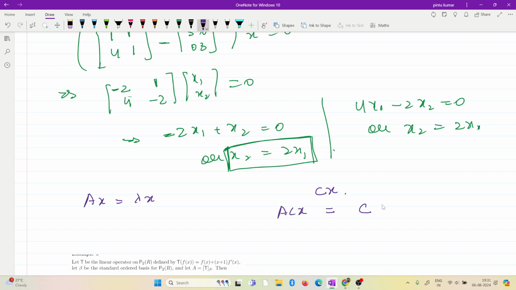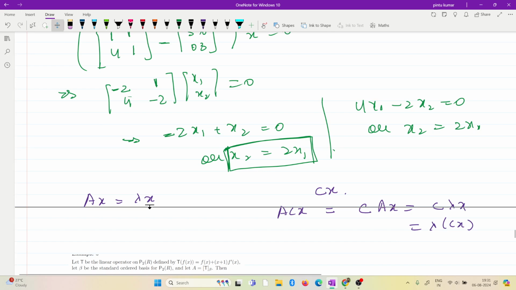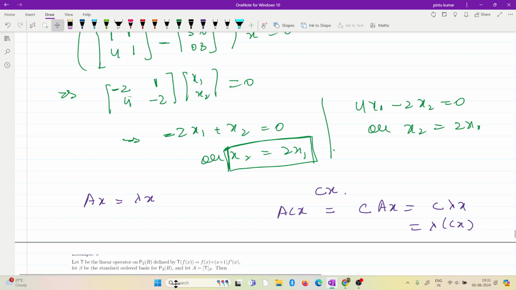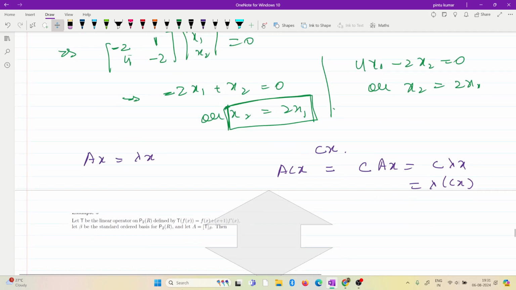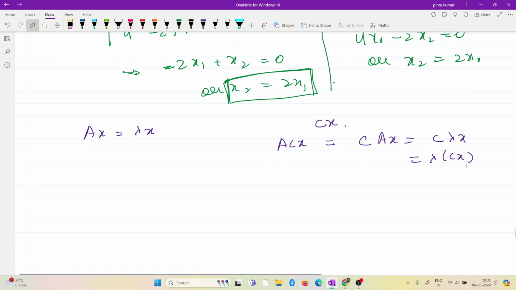This is c times Ax, which is c times lambda x, or equal to lambda times cx. What I mean by this small calculation is, for any eigenvalue, you will not get only one eigenvector, but you will get a whole space of eigenvectors. So if x is your eigenvector, then c times x is also an eigenvector. So this forms a subspace.